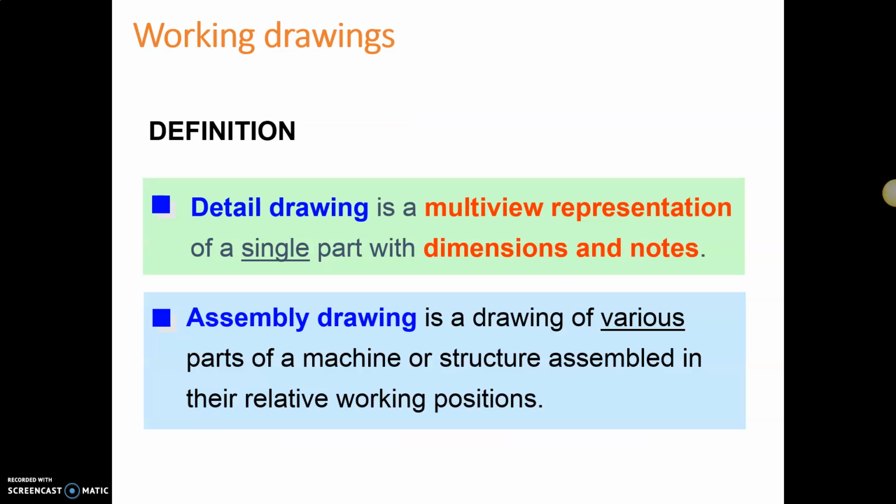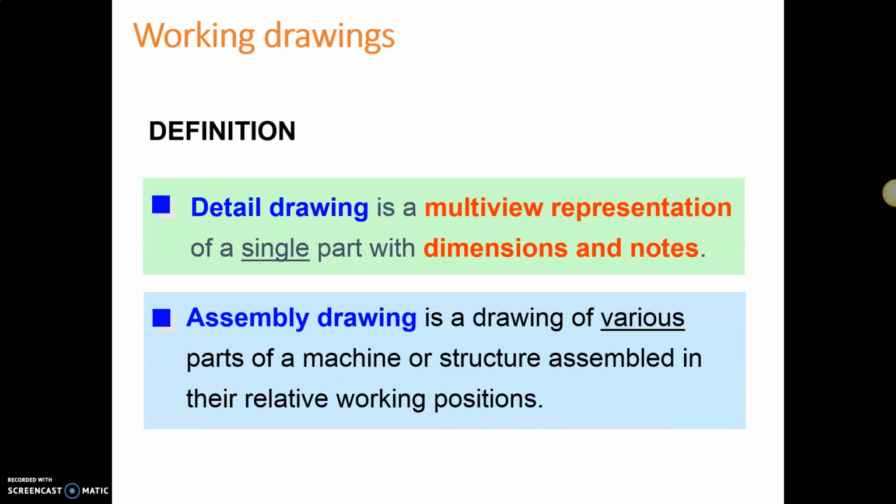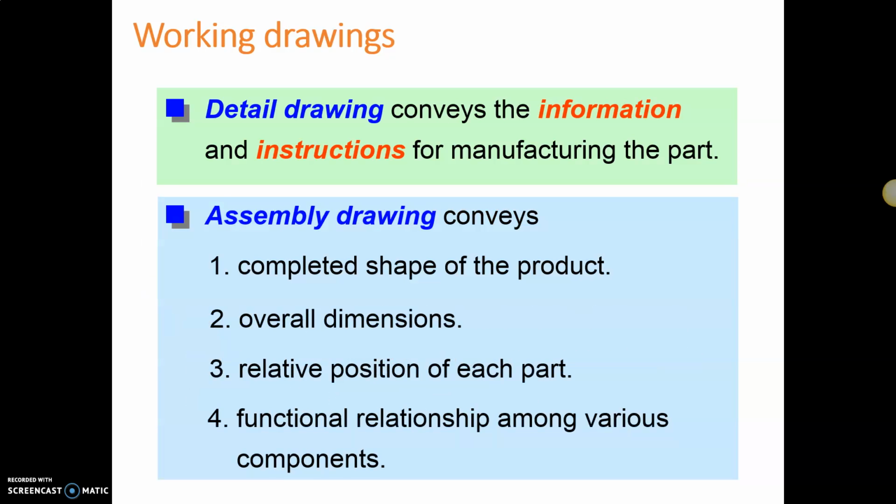In terms of definition, a detailed drawing focuses on only one single part that is equipped with dimensions and notes, while an assembly drawing is the drawing of various parts of a machine or structure that have already been assembled together.